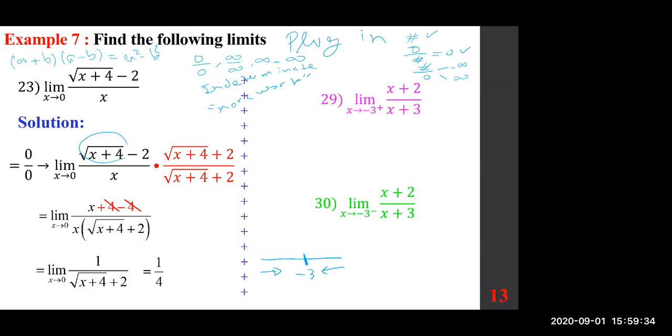Now, if you look at number 29, it says from the right of -3. So from the right of -3, this is for question number 29. Of course, as an example would be -2, but we want close, so we want -2.99999. I hope you realize that when you put -3 for the numerator, it gives you -1, and because it's from the right or left, it really doesn't make much of a difference.